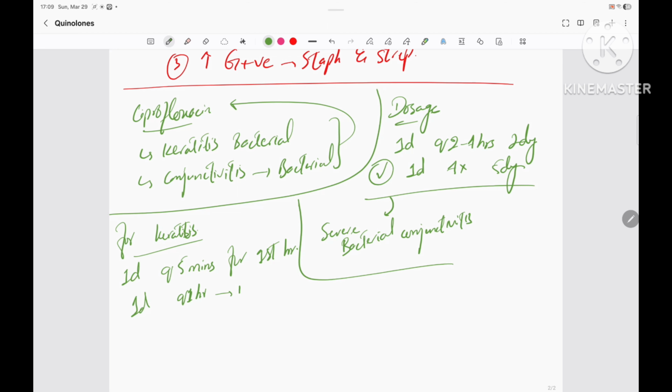And if there is improvement, then decrease the frequency according to the clinical response. And that's why for keratitis, ciprofloxacin should be utilized under the direct supervision of an ophthalmologist.